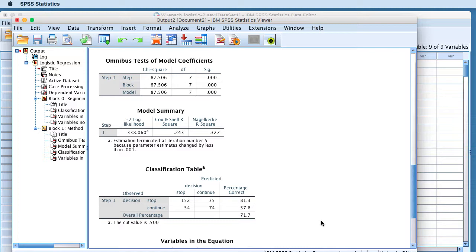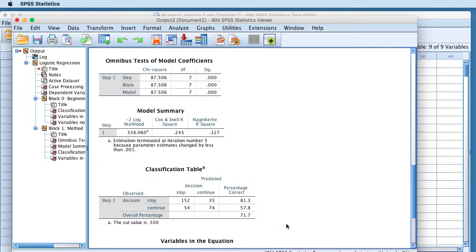And we can see that our overall percentage of classification based on the variables that were entered into the equation is 72%. So that's a good indicator that the model is doing a good job, better than what the original percentages were, because we have more information with which to make those decisions.